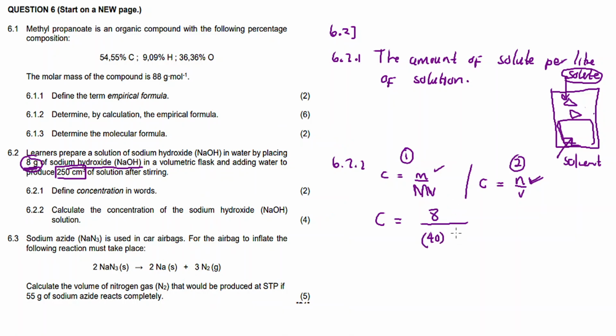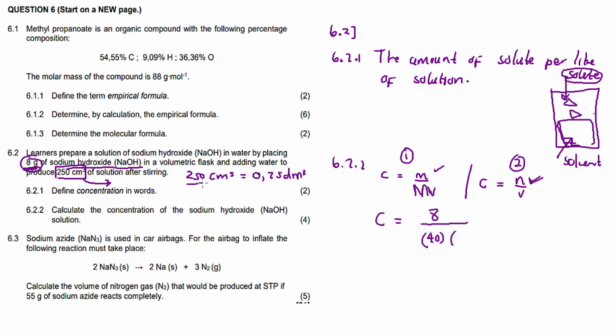Right, and any volume, remember we only work with cubic decimeters. In this exercise we work with cubic decimeters. When calculating a concentration, your volume must be expressed in cubic decimeters. So 250 cubic centimeters is equal to 0.25 cubic decimeters.